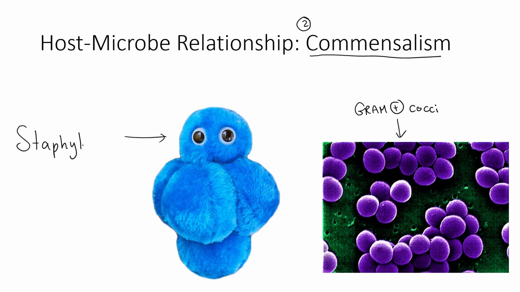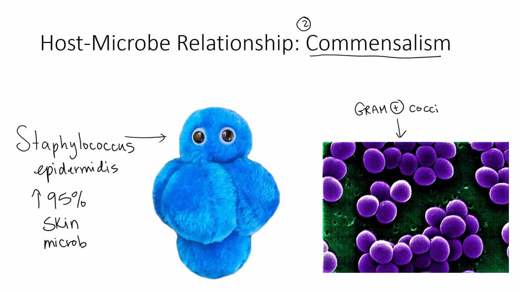And this is actually Staphylococcus epidermidis, which we find on probably greater than 95% of the skin microbiome. It is what we would call a commensal. Okay, it would be called a commensal bacteria.